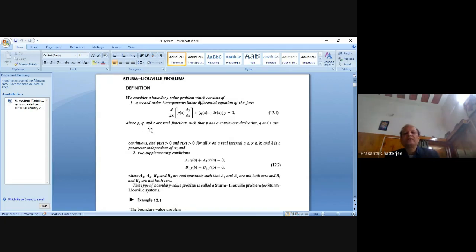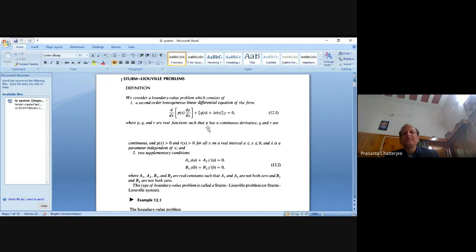The functions p, q, and r are such that the solution of the differential equation exists and may be unique. To satisfy the existence and uniqueness conditions of the solutions of this differential equation, we need some restrictions on p, q, and r.